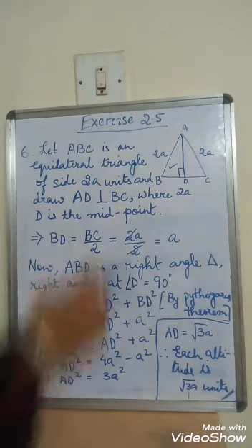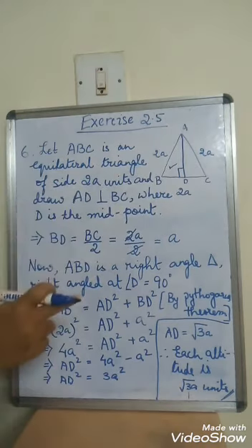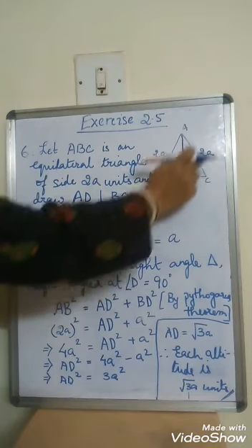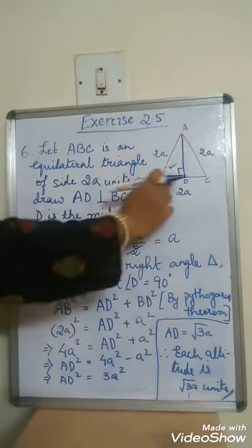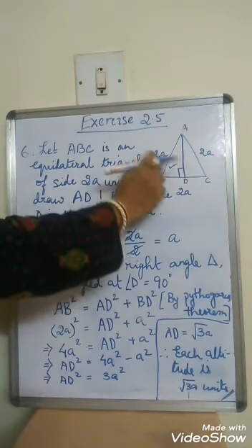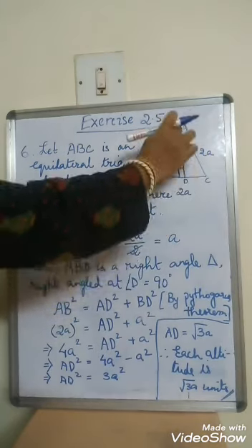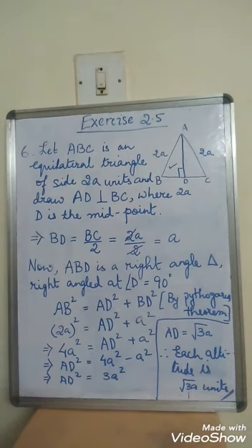Okay. So did you understand? See, we have drawn a triangle, an equilateral triangle, which is already given to us, that ABC is an equilateral triangle and all the sides are of the measurement 2A. So we have drawn a perpendicular also, that is AD, and we have to find out the measurement for AD, right?